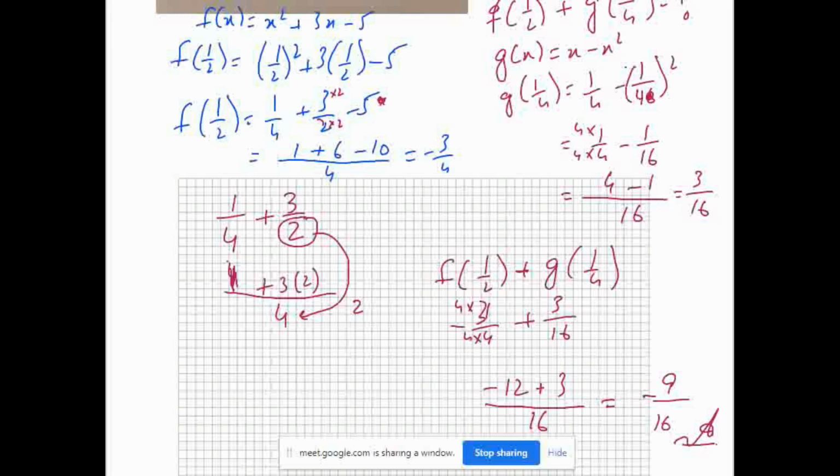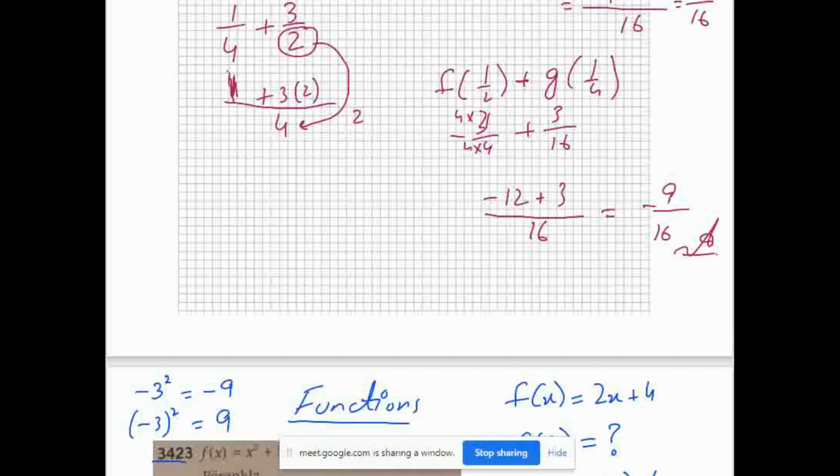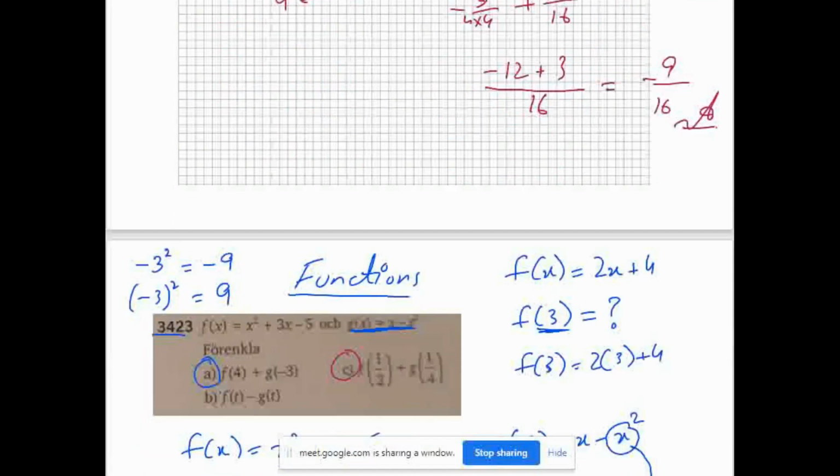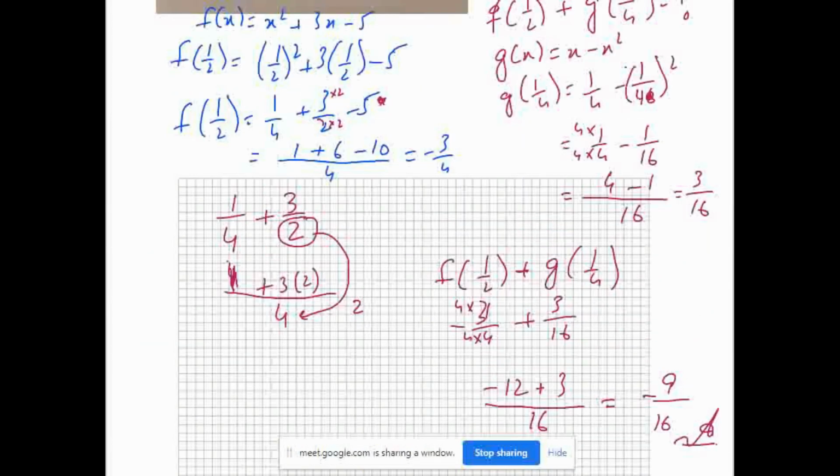Minus 49 upon 16. So this will be minus 3 by 4. Okay, let's do it again then.